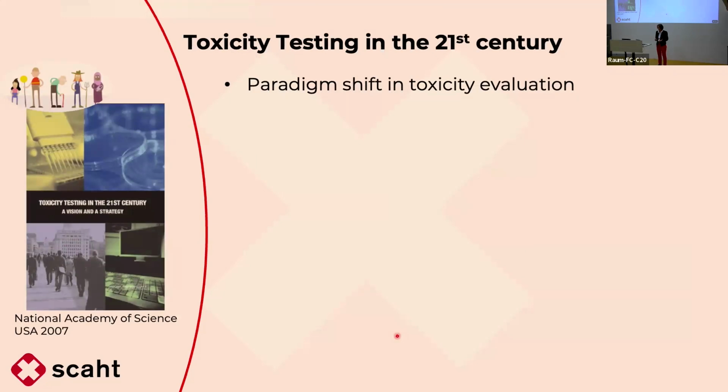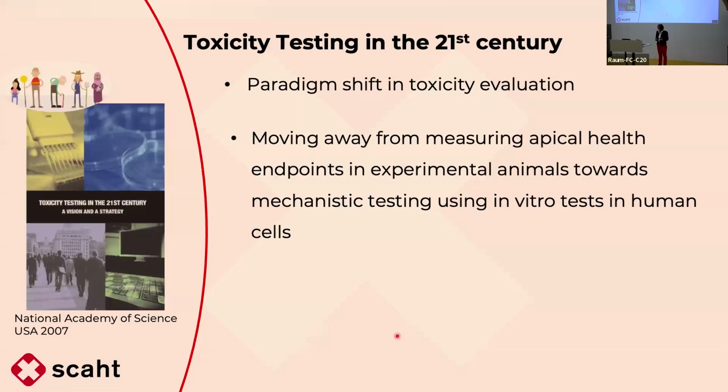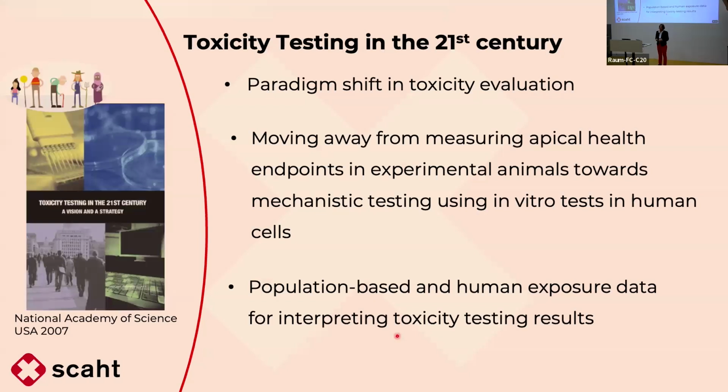It's really the first document that kicked the whole alternative or new approach method field off, because it suggests we have to shift the paradigm from looking at apical endpoints in animals to mechanistic testing using in vitro human cells, if possible, for the human tox, and also in silico methods, and looking at population-based exposure data as well for interpreting toxicity testing results. So this was in 2007.